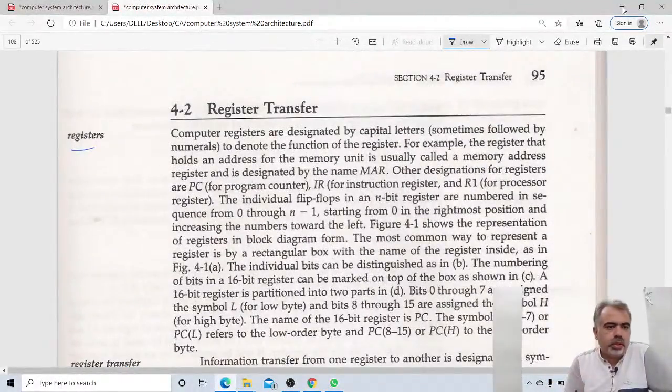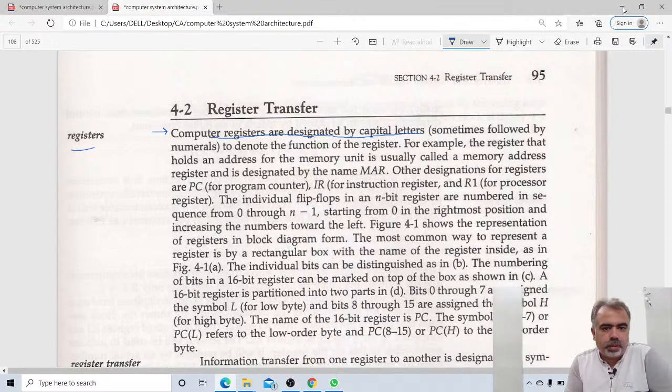Let me go ahead with this. Computer registers are designated by capital letters. This is one very important term. Whenever you have to represent a computer register, it must be designated with a capital letter.